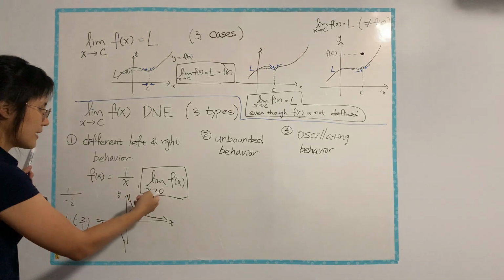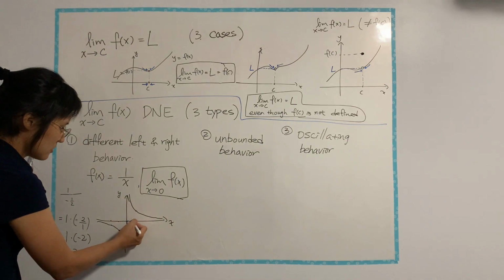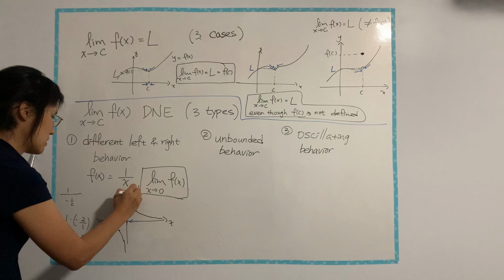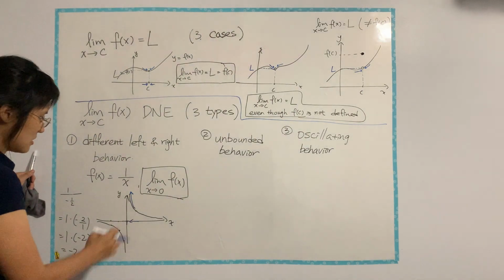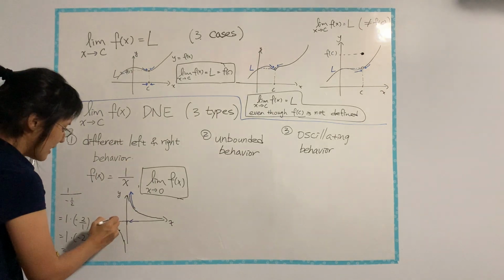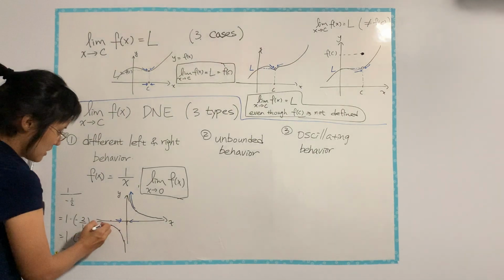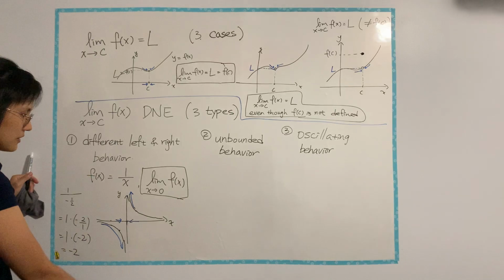Alright, so let's take a look. If I have x approaches 0 from the right hand side, going this direction, what happens to the function value? It goes all the way up to positive infinity. If x approaches 0 from the left hand side, the function value drops down to -infinity.